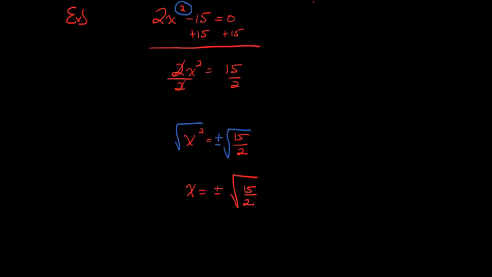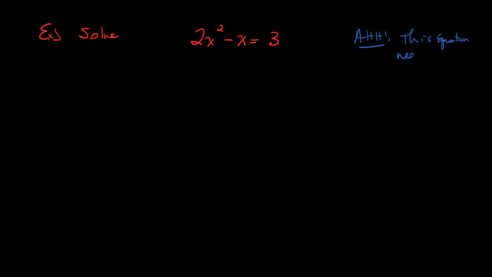Let's advance one problem further, and let's identify a quadratic that we're going to solve. Solve 2x squared minus x is equal to 3. The first thing I notice is that this equation needs to be set equal to 0.